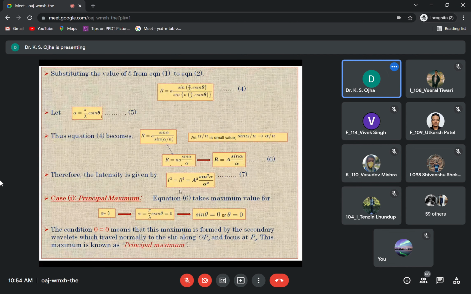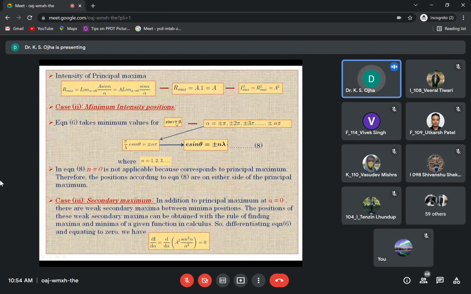Applying the trigonometric identity, alpha is equal to plus minus pi, plus minus 2 pi, that is, integral multiples of pi. We will not consider 0 here, because 0 represents the position of principal maxima. So alpha takes values from plus minus 1 to plus minus n times pi.